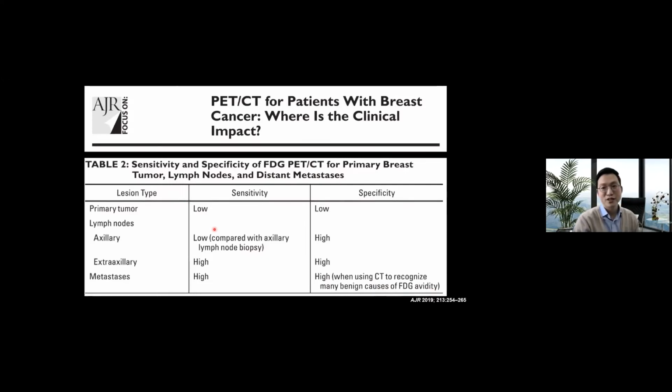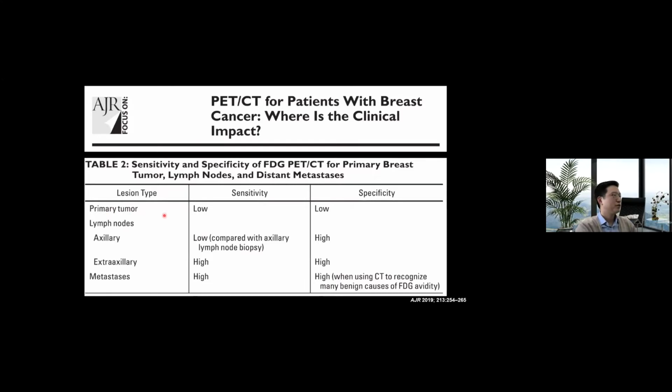There are no numbers because the previous studies are quite heterogeneous in terms of patient population and staging, and the situation, like if that's baseline or post-surgery or post chemotherapy or recurrent disease or metastatic disease. So those are varied widely. So there is no number to show, but a very simple summary is here.